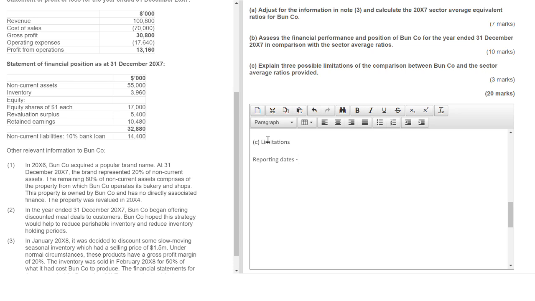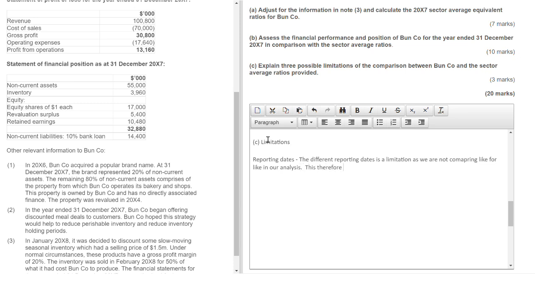So don't just write reporting dates. We can say that the different reporting dates is a limitation, as we are not comparing like for like in our analysis.